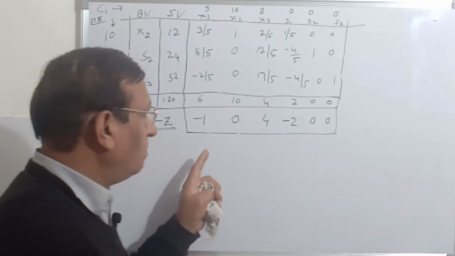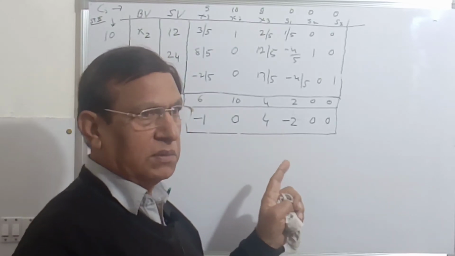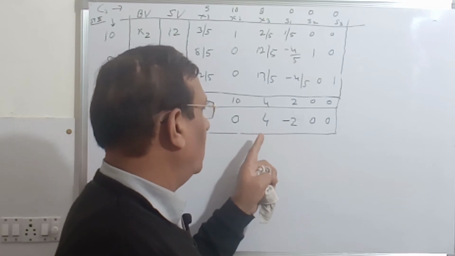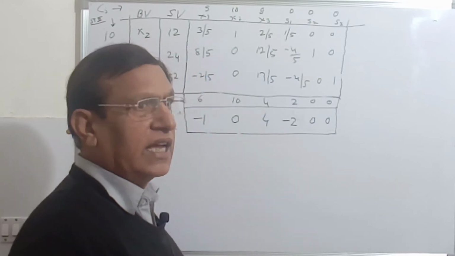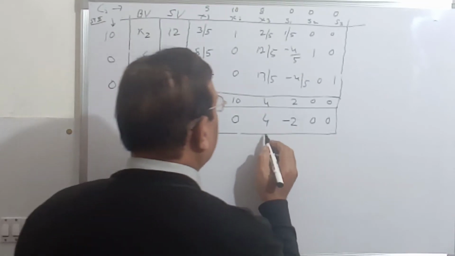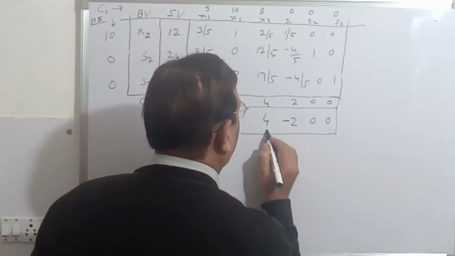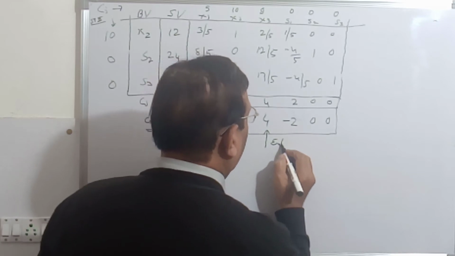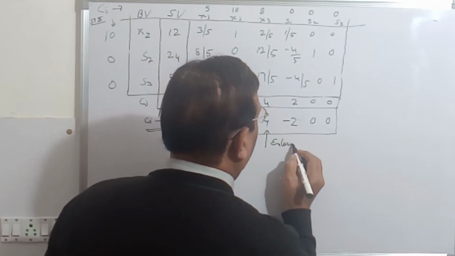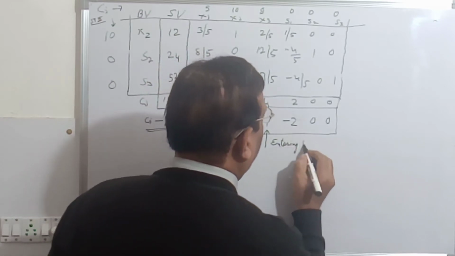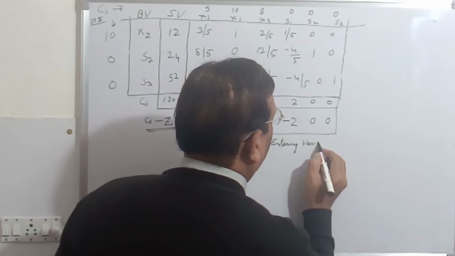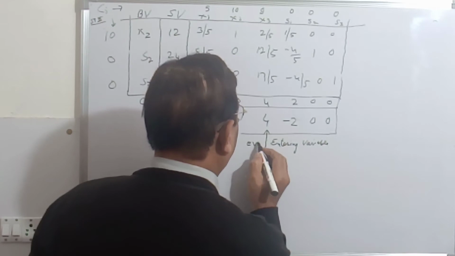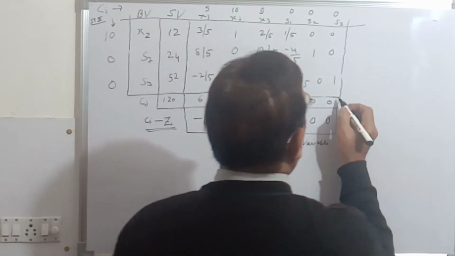The maximum positive value will be considered as the entering variable. So the maximum positive value is 4, and this is your entering variable.